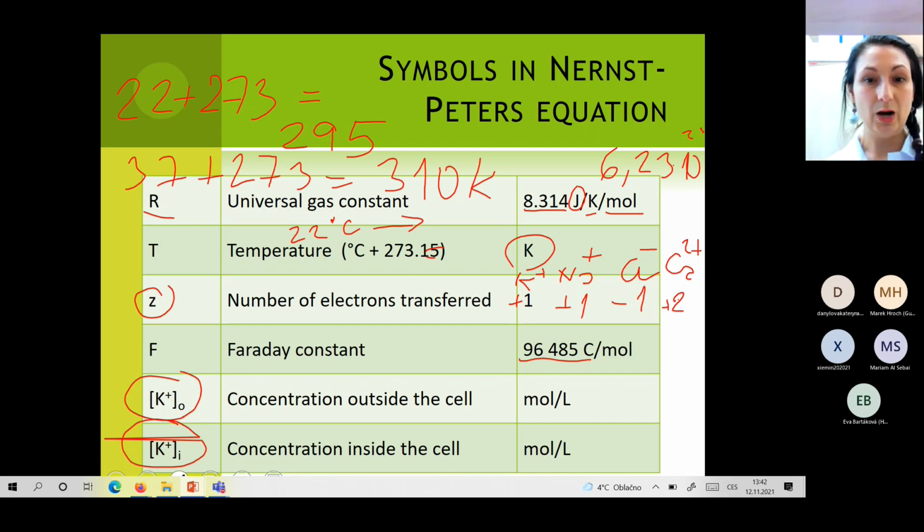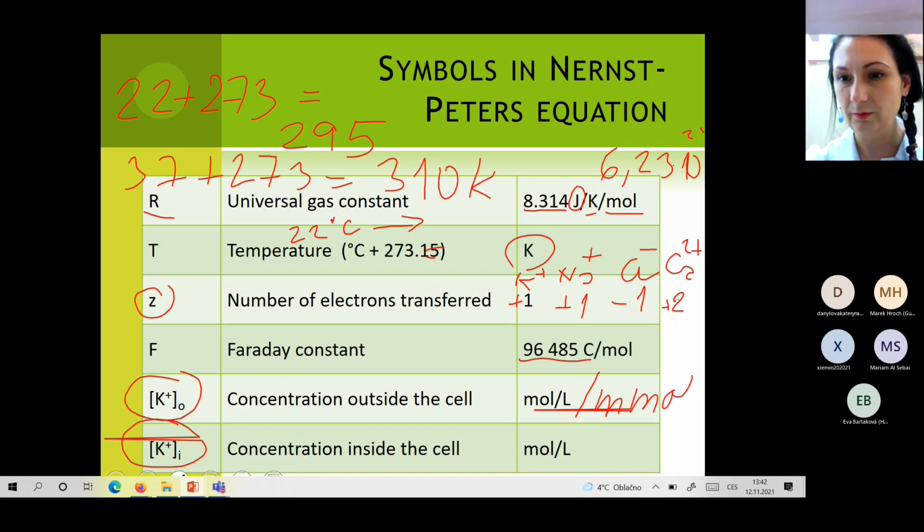So the concentration outside the cell, the extracellular space, this is the value, in mole per liter, or alternatively in millimole per liter. The concentration inside the cell, in the intracellular space, is this one, and again in mole per liter or millimole per liter alternatively. Questions?